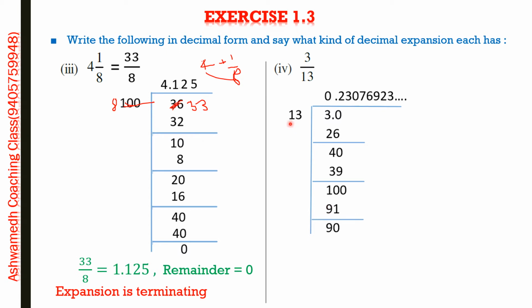Now which is the nearest number to 100, and also less than it, in the table of 13? It is 91.